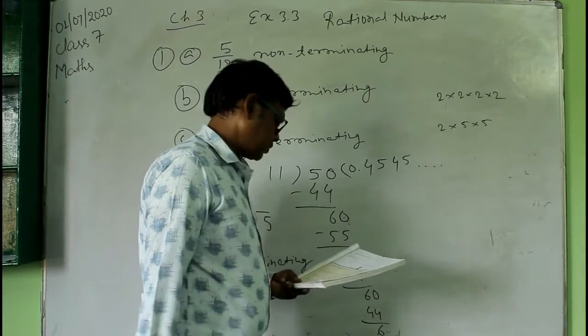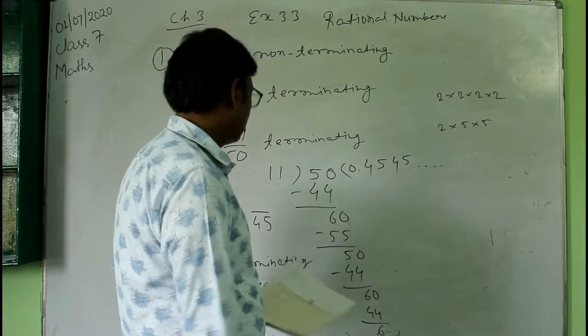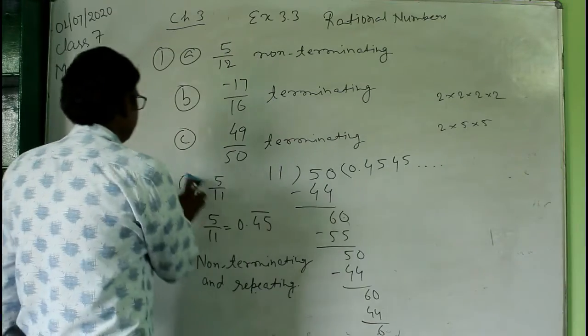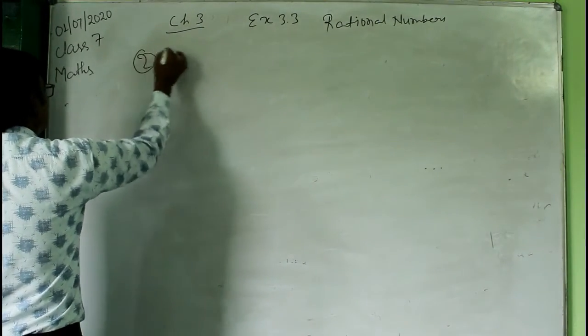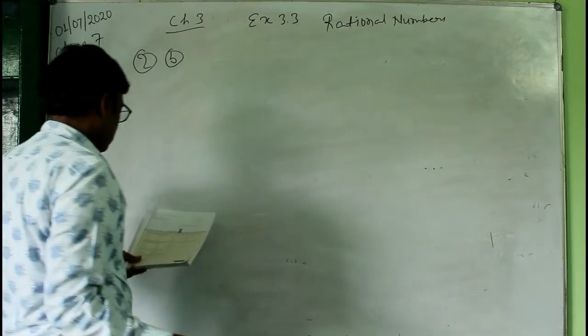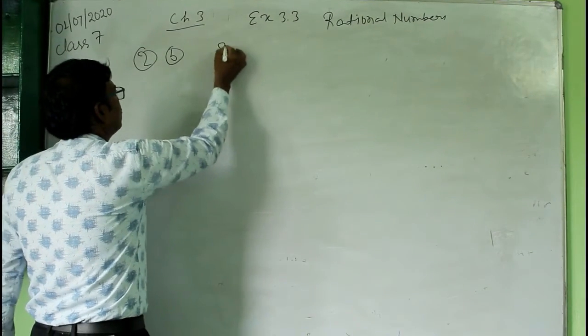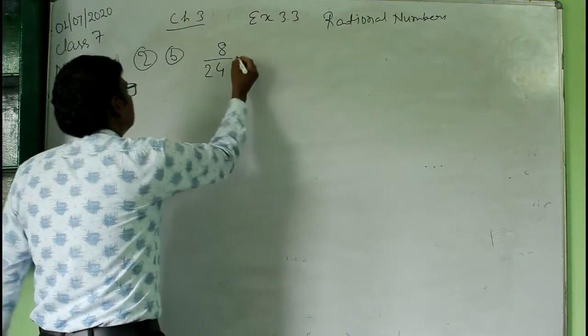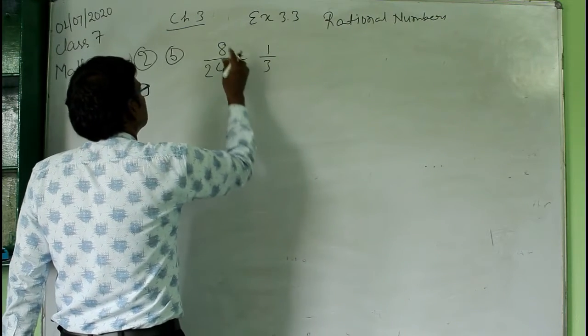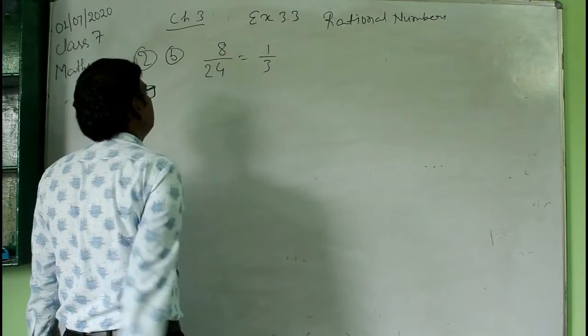Now question number B. In this you have 8 by 24. So you can write this as 1 by 3 actually, because it will cut, then it will be 1 by 3.